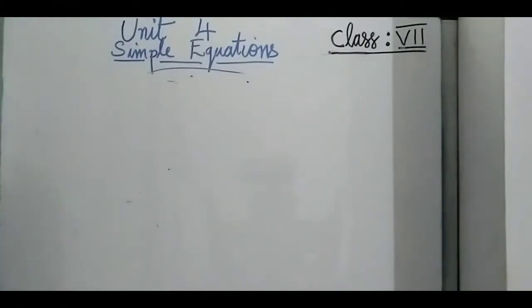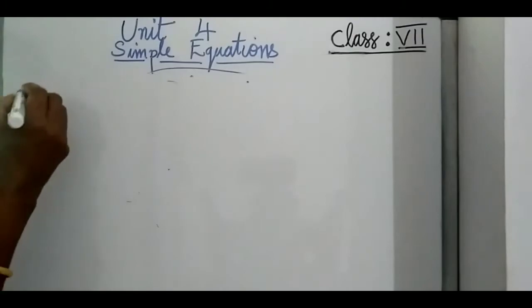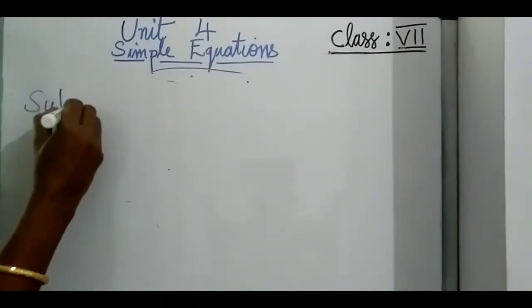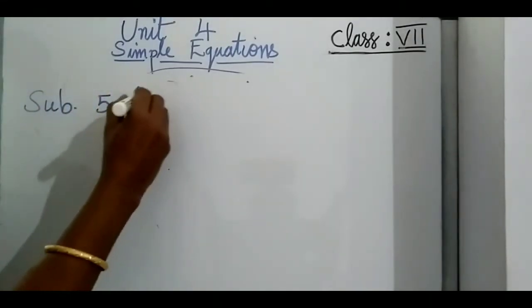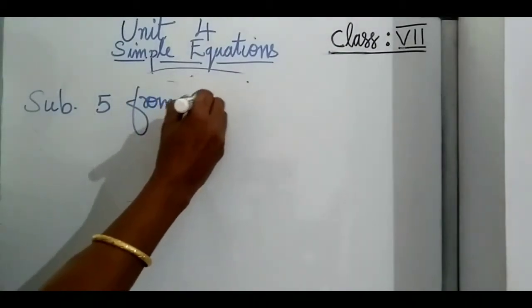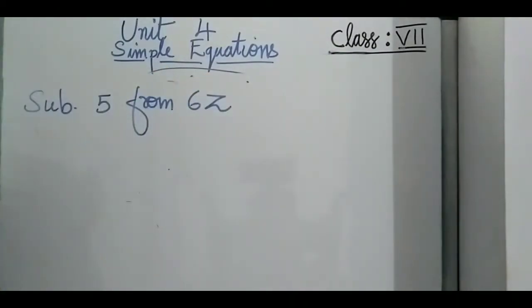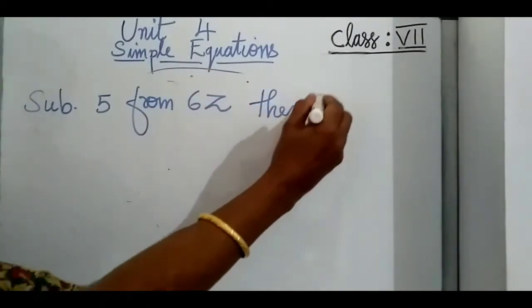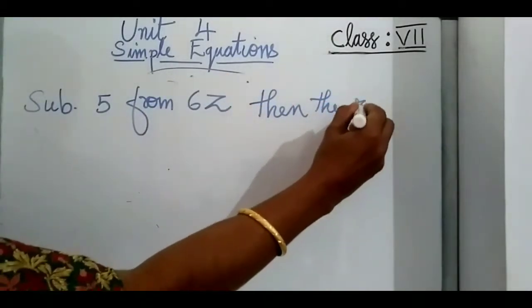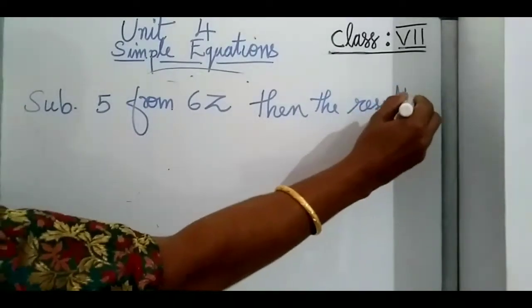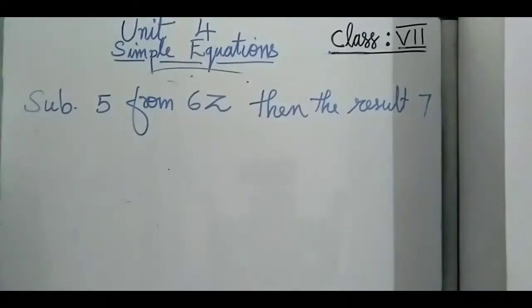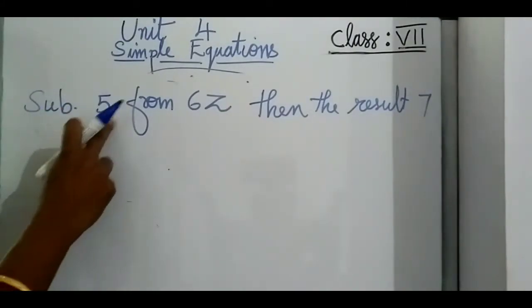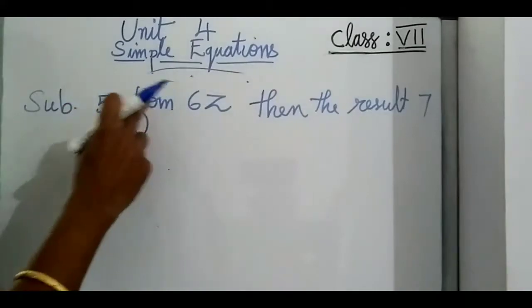Then the next one: subtract 5 from 6z. Then the result is 7. How can we change it? Where do we want to subtract 5?